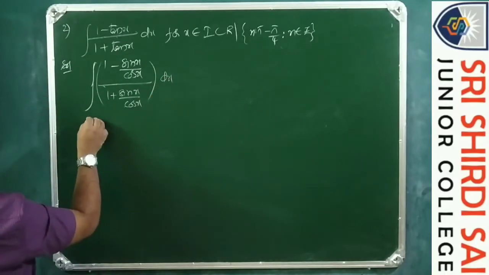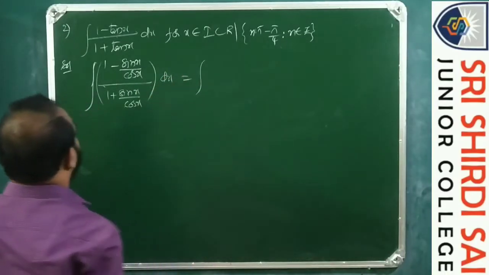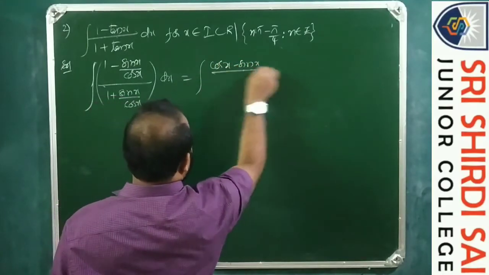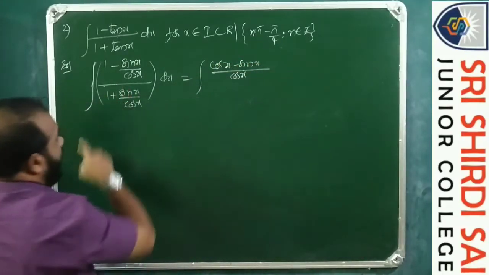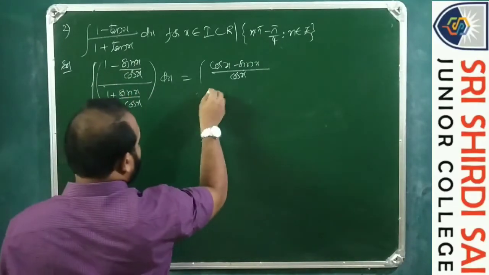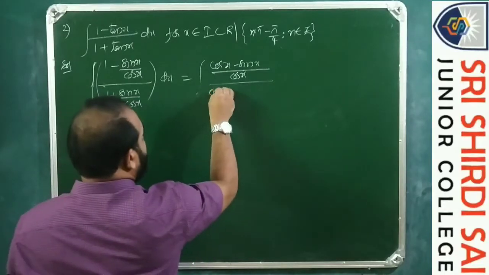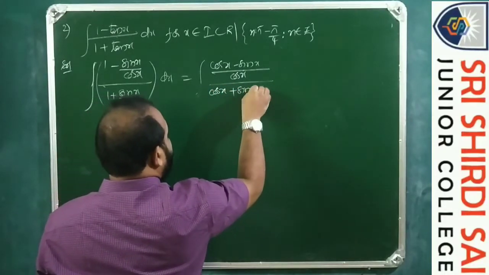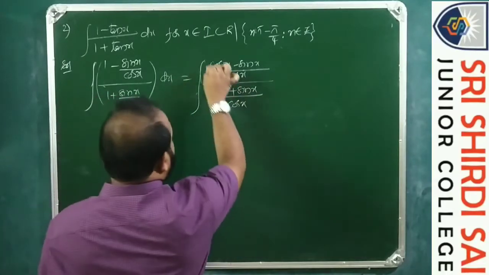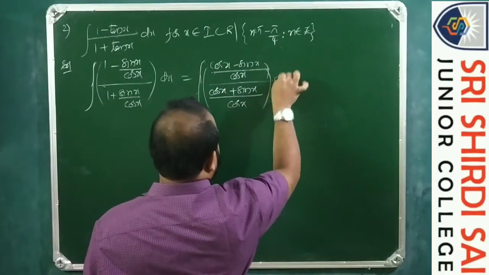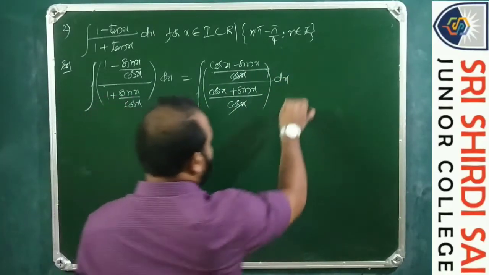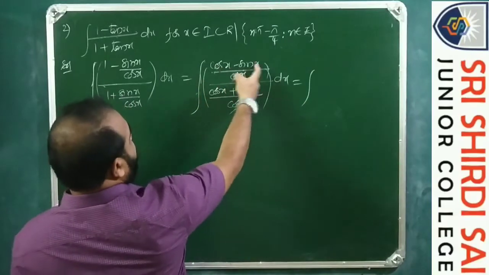This is equals to (cos x minus sin x) by cos x, if you find the LCM, divided by (cos x plus sin x) by cos x, integral dx. So these denominators get cancelled, so this is equals to integral (cos x minus sin x) by (cos x plus sin x).